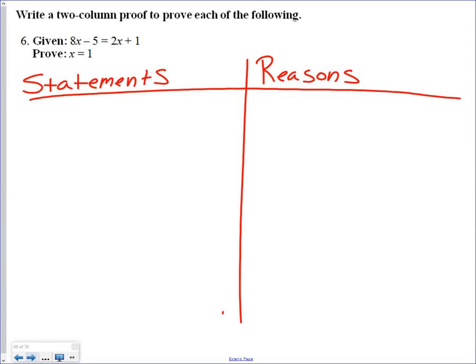In a 2-column proof, you will then make 2 columns. Surprise. One of the columns will be named statements, and one of them will be named reasons. So you're going to state things, and then you're going to give why they are true.